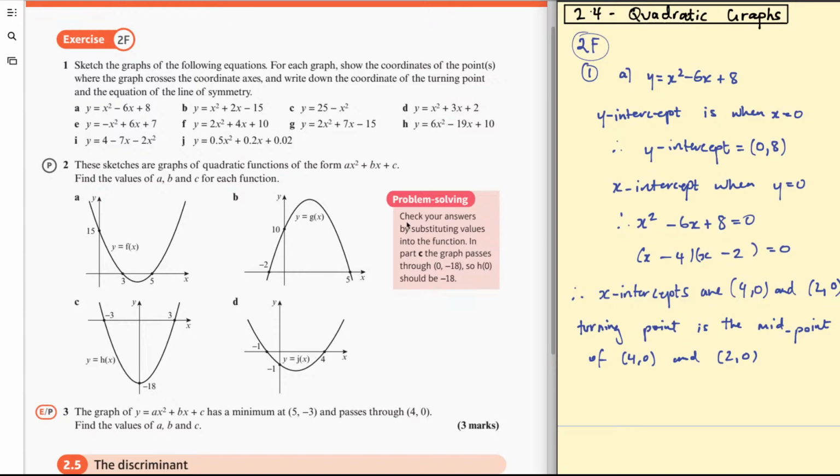I guess really the only time you need to use completing the square to find the turning point is when you don't have these x-intercepts, when the equation does not have any solutions. So the midpoint between 2 and 4 is 3.